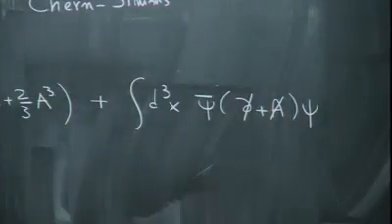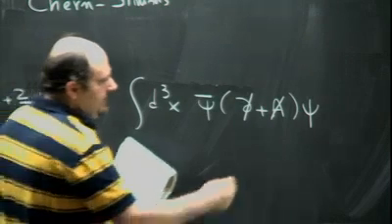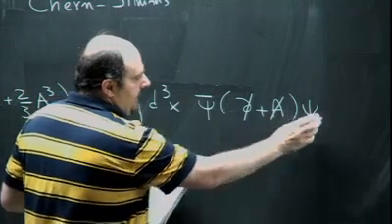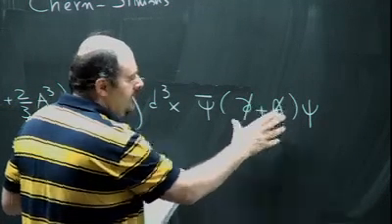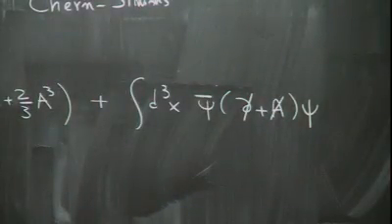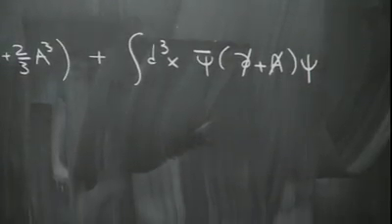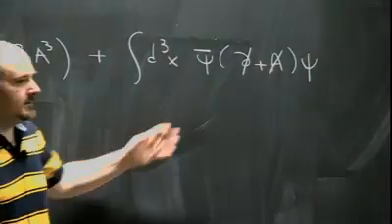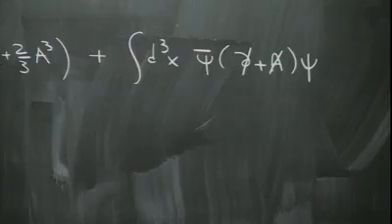I'm omitting the I indices that I was writing yesterday, but of course these are vectors, so they're in the fundamental of U(N), and this is a matrix in the adjoint. So we have this more general gauge theory in which we couple the fermions to the Chern-Simons field.